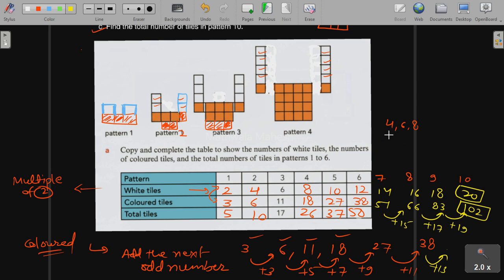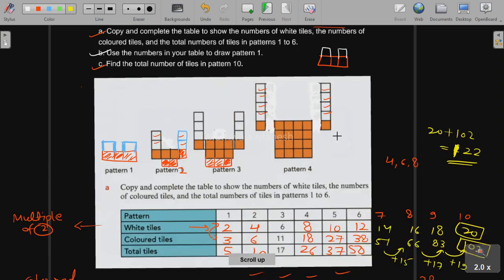So total tiles are 20 plus 102, means 122. 122. Okay. This is our correct answer. 122.